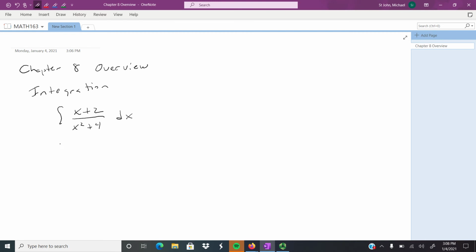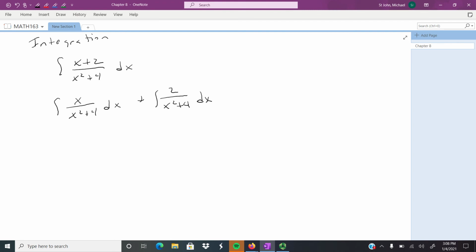Well, I can break this out into pieces: the integral of x over (x squared plus 4) dx plus the integral of 2 over (x squared plus 4) dx. Okay. So for my first integral, I could do some substitution. Let u equal x squared plus 4, and then du is going to be 2x dx.